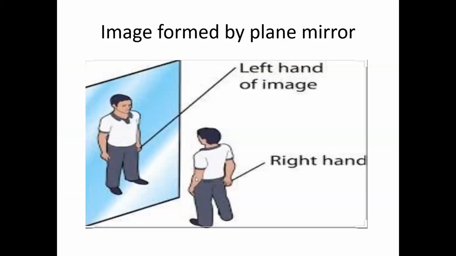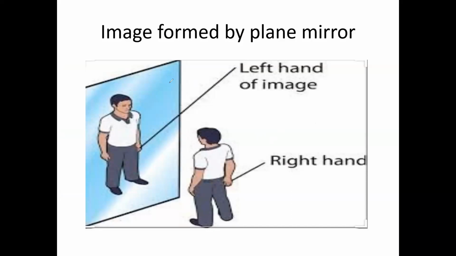One side it is polished and the other side it is unpolished. So, example, the image formed by a plane mirror. This is a plane mirror.